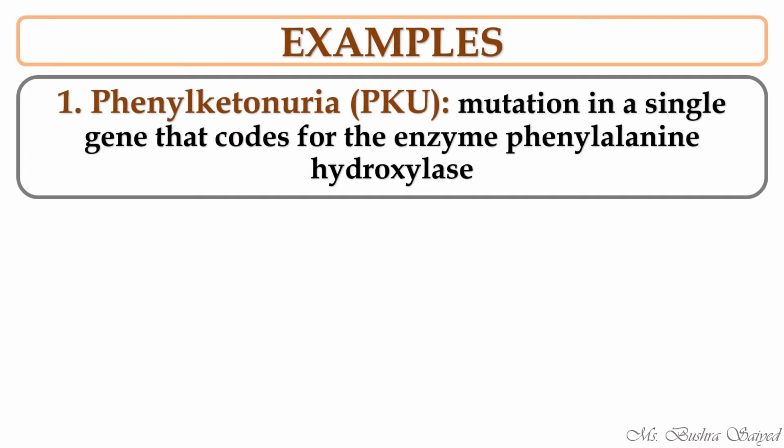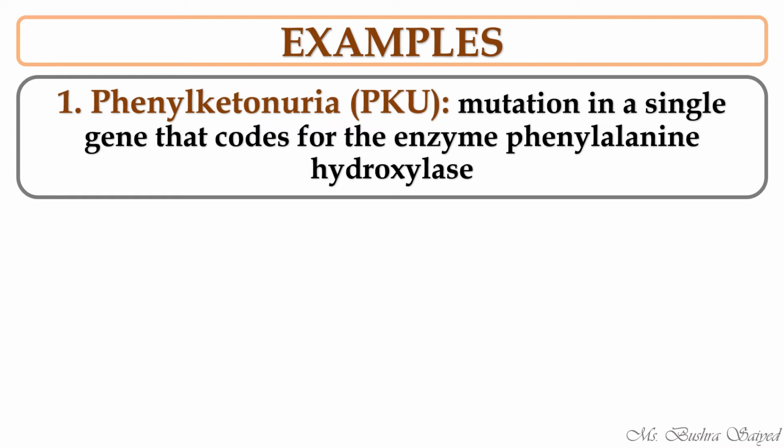Our first example is phenylketonuria, PKU. It is a mutation in a single gene that codes for the enzyme phenylalanine hydroxylase. Mutation means a change, a harmful change, taking place in the gene that codes for phenylalanine hydroxylase.